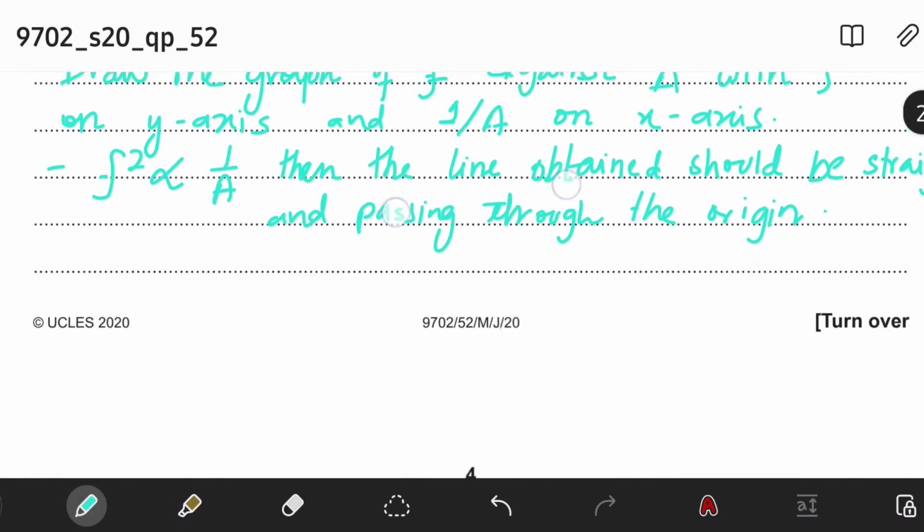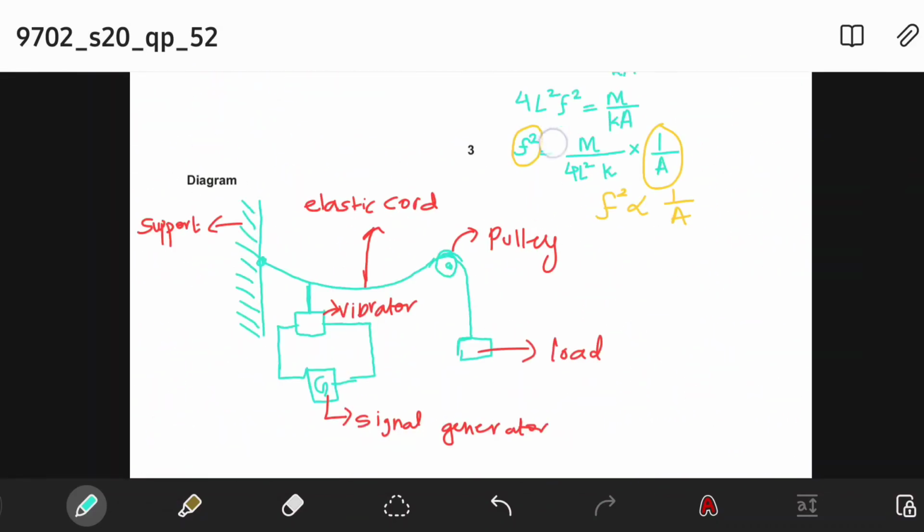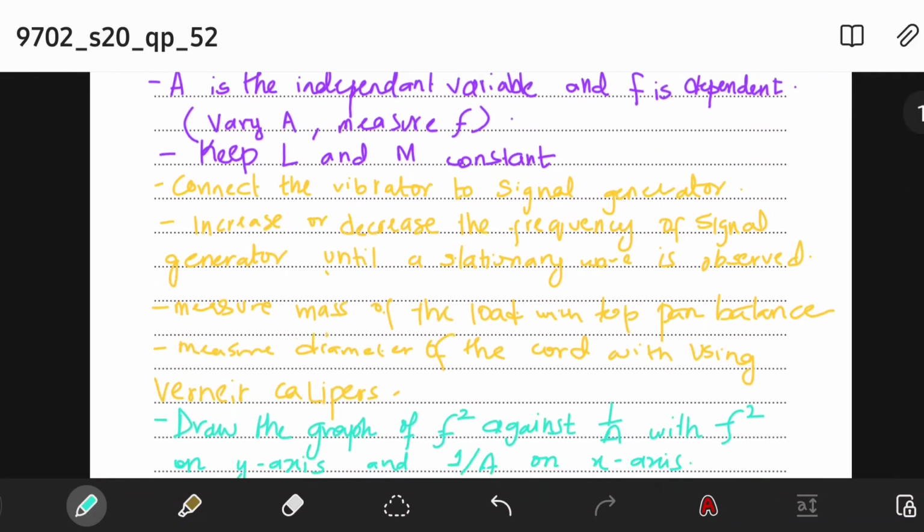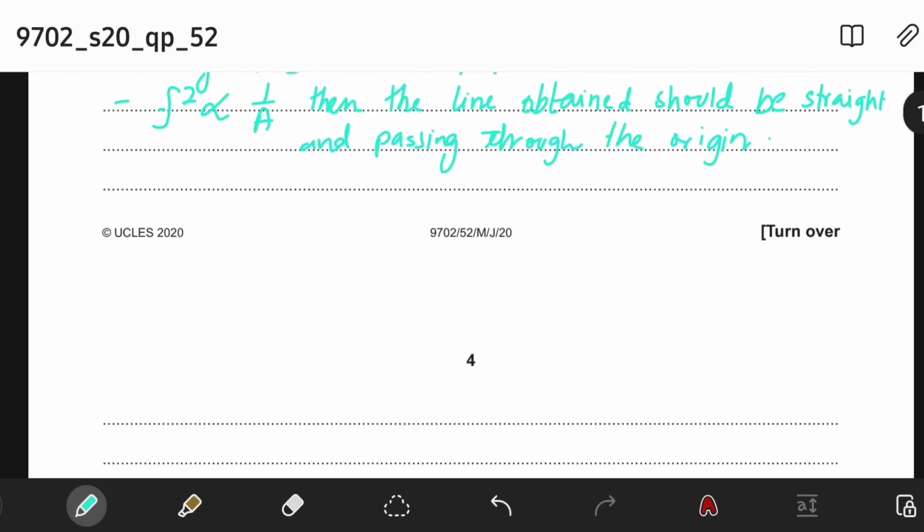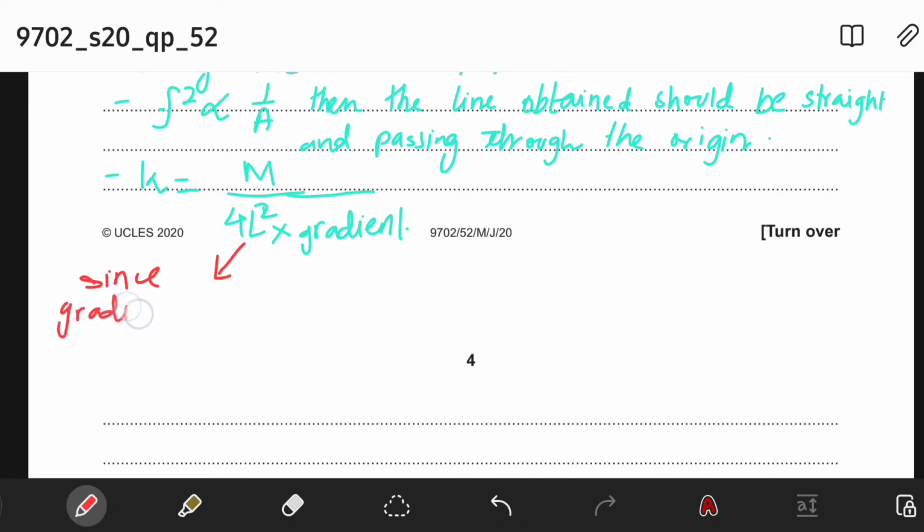So we can write, since our gradient was this, k would be equal to m over 4l square into gradient.